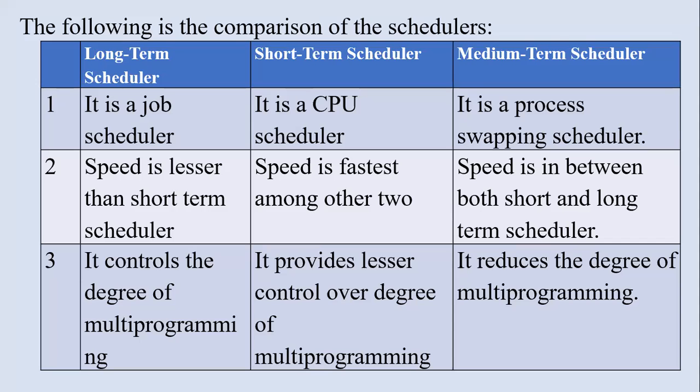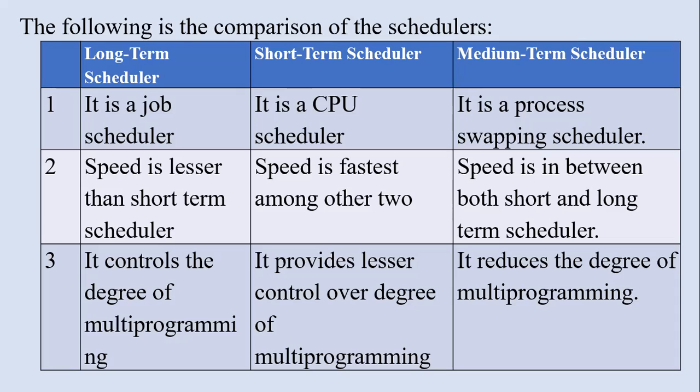The following is the comparison of the three schedulers: the long-term scheduler, the short-term scheduler, and the medium-term scheduler. Number one, the long-term scheduler is the job scheduler, the short-term scheduler is a CPU scheduler, and the medium-term scheduler is a process swapping scheduler.